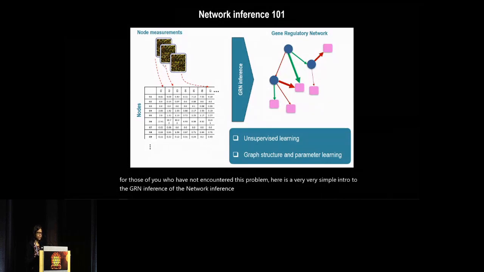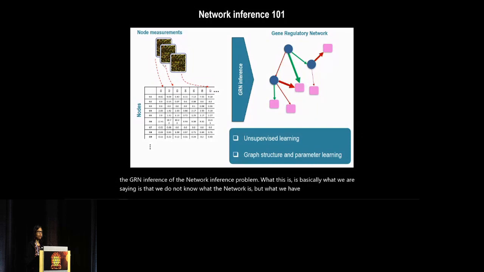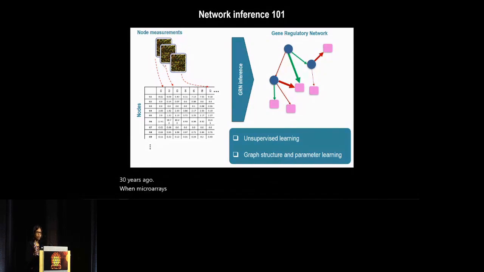What we are saying is that we don't know what the network is, but what we have is measurements for the nodes from high-dimensional matrices. And this was actually almost 20, 30 years ago when microarrays emerged, and there was pioneering work by Aviv and Daphne and Dana and all these people who used probabilistic models to infer these gene regulatory networks.